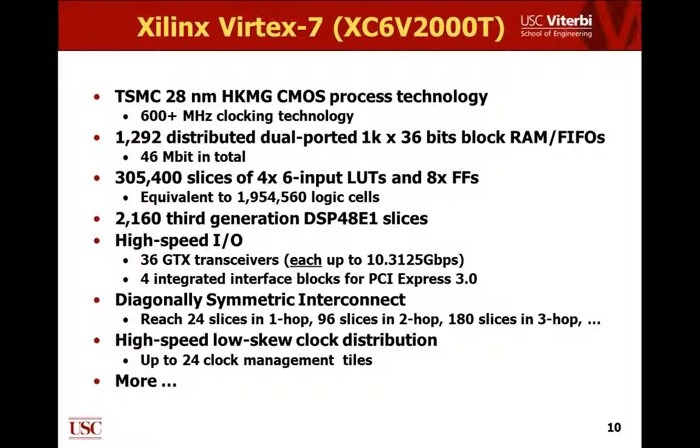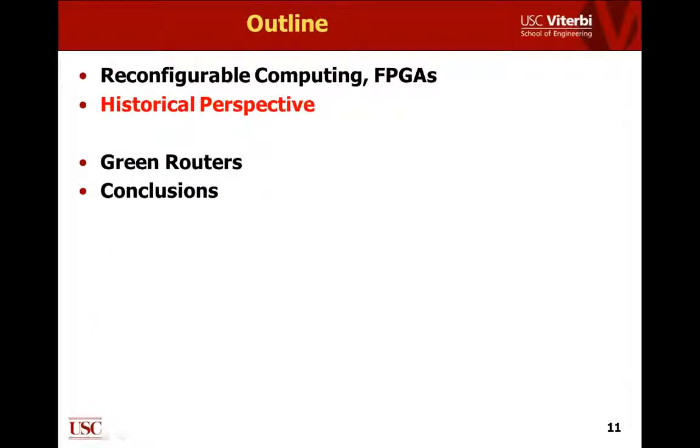And then there are also fixed-point arithmetic slices, approximately 2,000 of these available here. You could use them to perform various DSP operations. There are also other details I'm showing here in terms of the input-output, the interconnections you can make, and some of the hardware details in terms of how the clock is going to be distributed across the complete system.